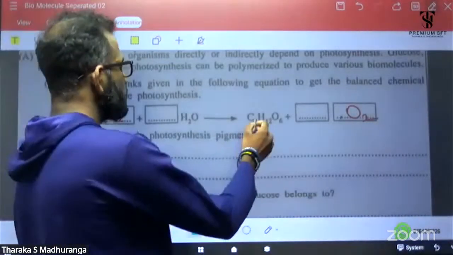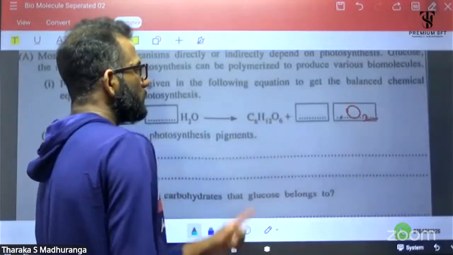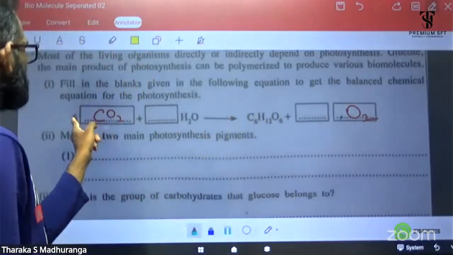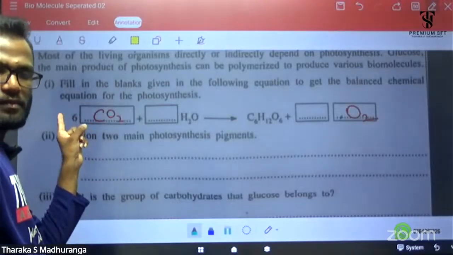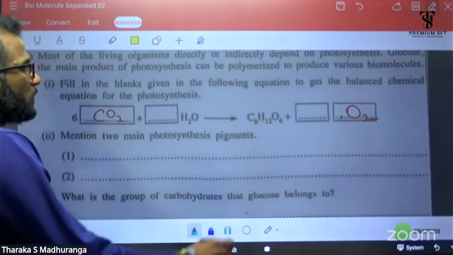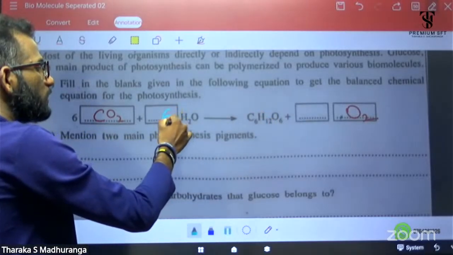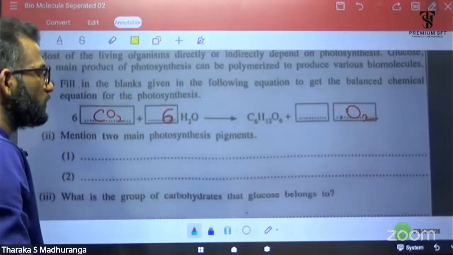Now on this side 6 carbon and 6 carbon. Yes, therefore 6 is already given. Now how many hydrogens? 12 hydrogens. Therefore I have to add 6 here.